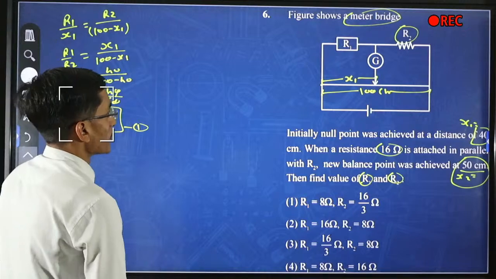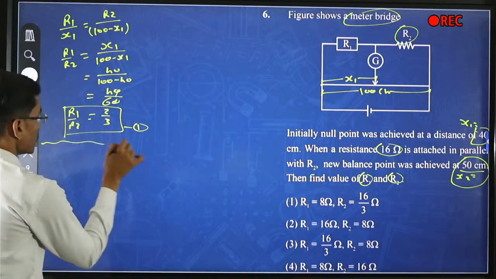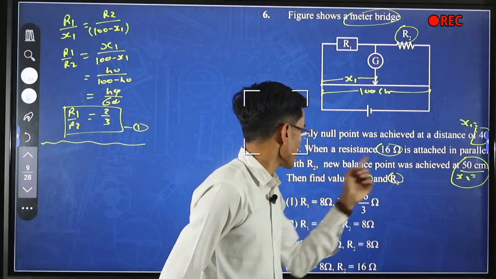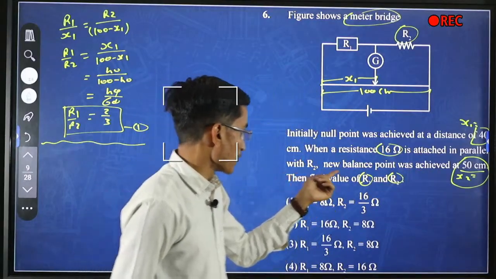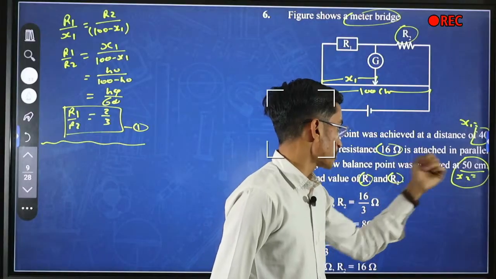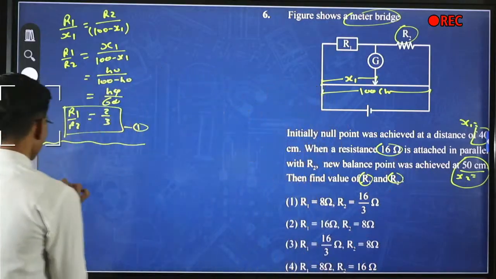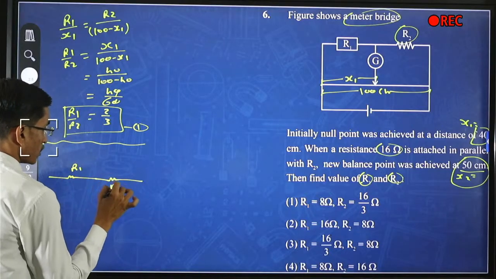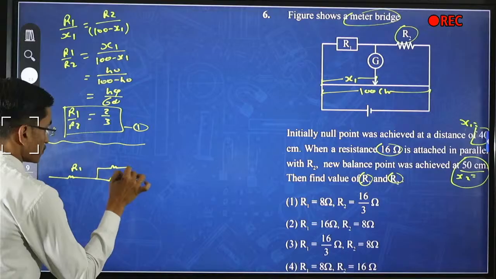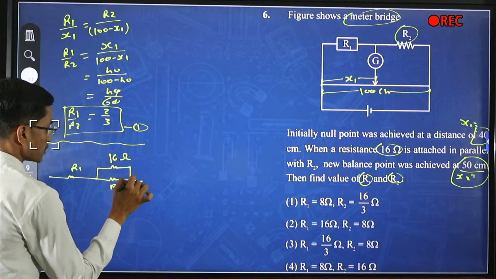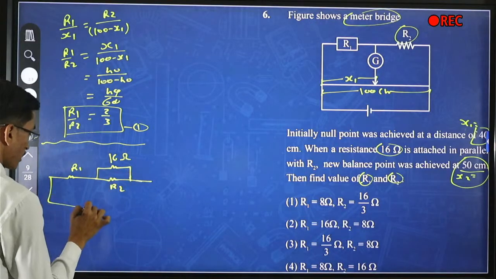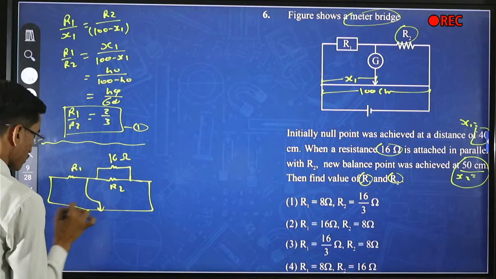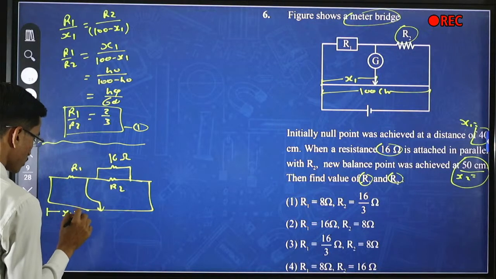Now in the second condition, 60 ohm is attached in parallel with R2, and the new balance point will be achieved at 50 cm. In this arrangement, R1 is as it is, but the 60 ohm resistance is connected with R2, and now the balance point comes to be x2 equal to 50 centimeter.